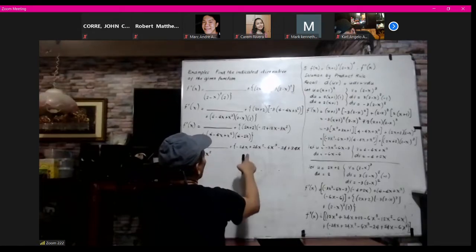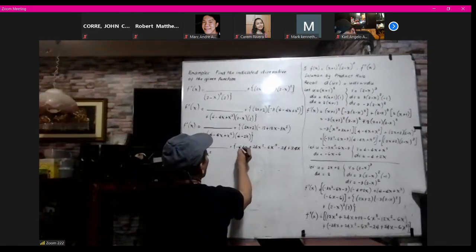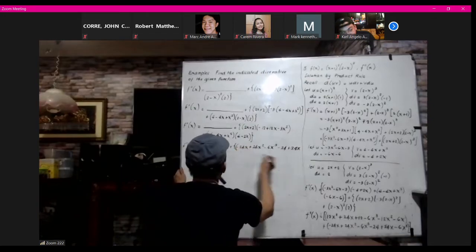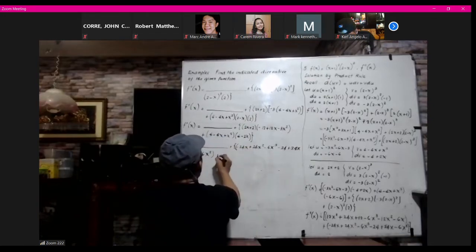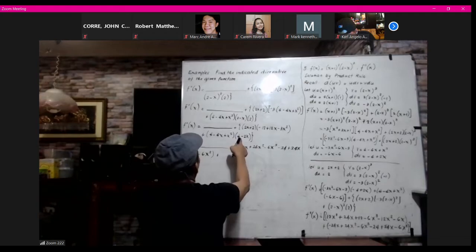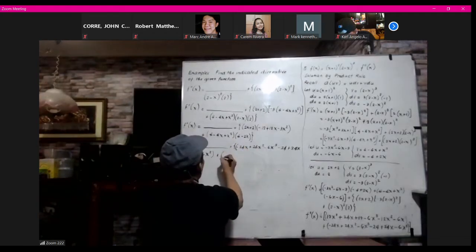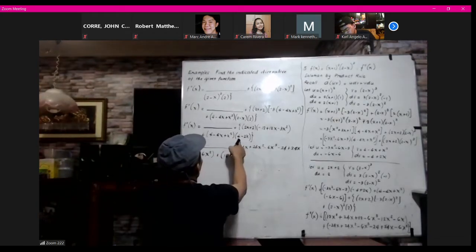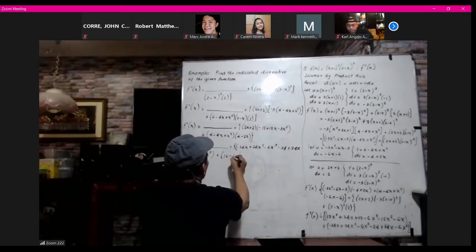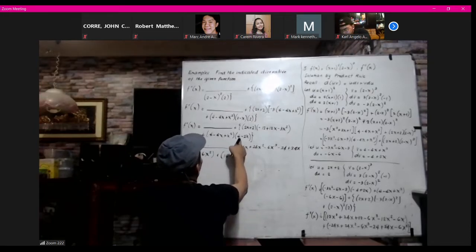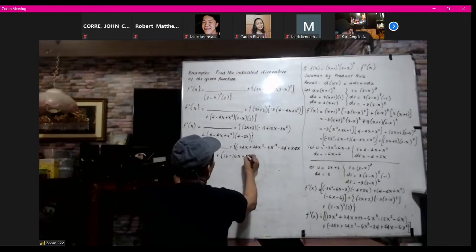Okay, tapos na tayo doon. So, this one ay isa na siya. Okay. Then plus, ayun. Okay, 4 times 4 equals 16. 4 times negative 4, negative 16x. 4 times x squared, positive 4x squared.